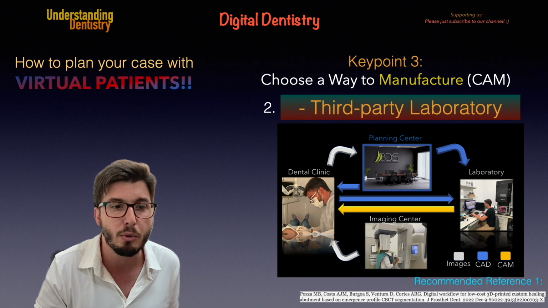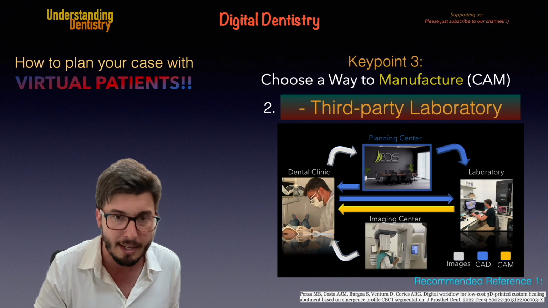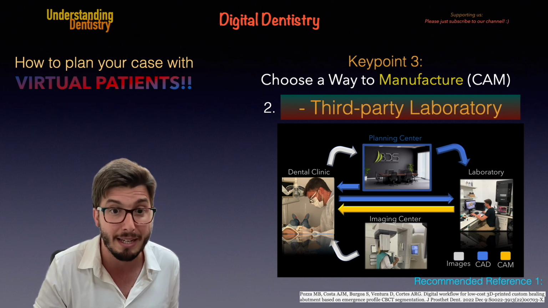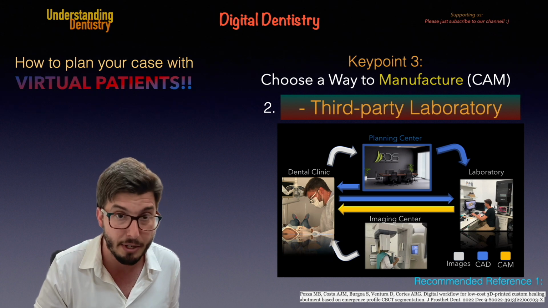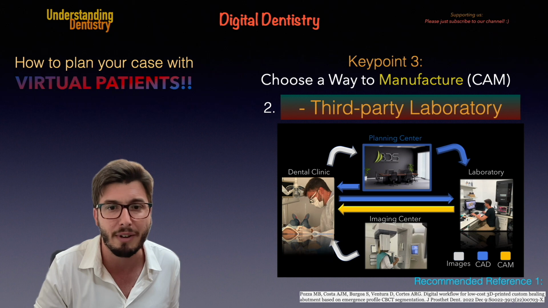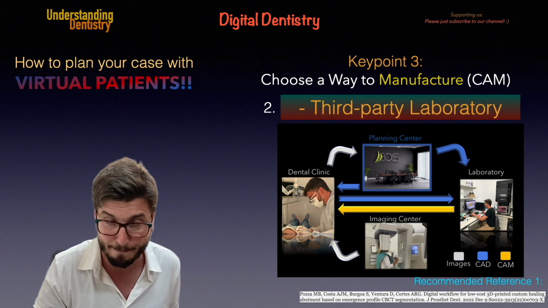But then they will send you back again, so there is another blue arrow there telling you that they will send you, and you are going to approve this as the dentist of the patient, of course, right? And then you can send those designs to be manufactured by a laboratory, okay, by a third-party laboratory. And the laboratory will, of course, send you all the devices manufactured as the yellow arrow is showing us, okay?